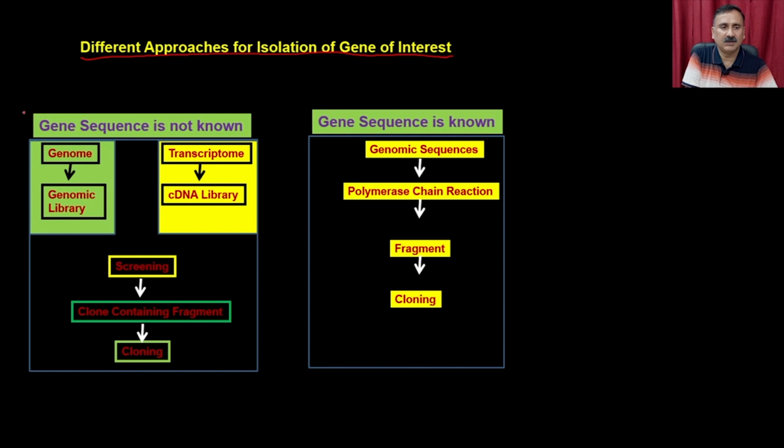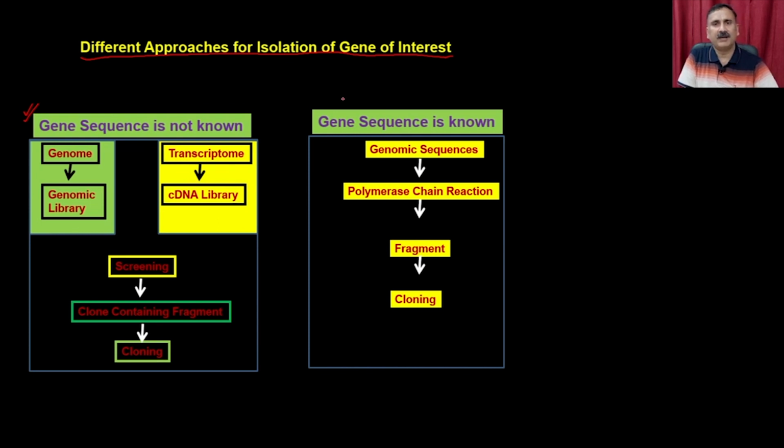We discussed the approach when the gene sequence is not known, the condition in the pre-genomic era. Even today, for some organisms, the gene sequences are not known. Then you can go with either the genomic library approach or the cDNA library approach.